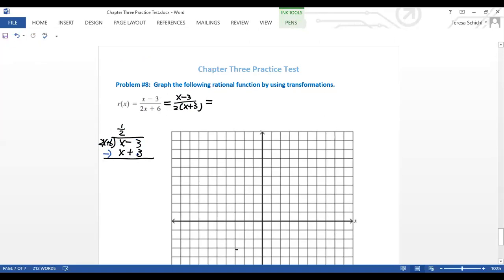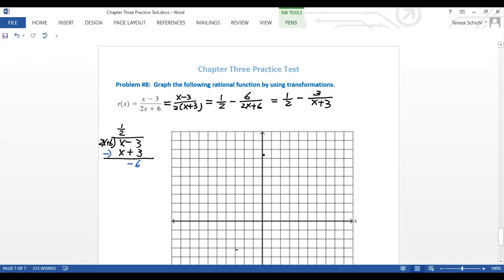So -3, +3, so it's -6. So I can find this will be 1/2 minus 6 over 2x plus 6, right? Or you can simplify this a little bit. It's minus 3 over x plus 3, right?